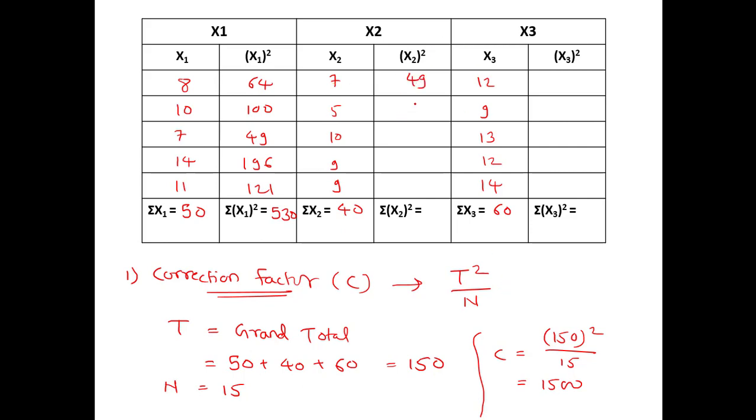Similarly here 49, 25, 100, 81, 81, and the addition is 336. And here 144, 81, 169, 144 and 196. So this is equal to 734.